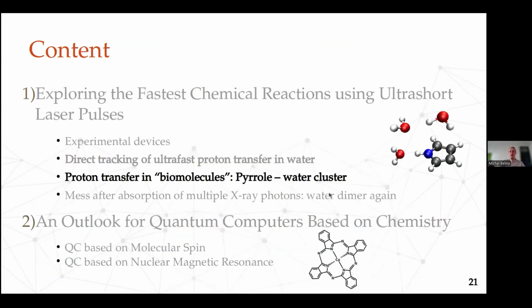With this, I would like to move towards the other study, which is again studying proton transfer, but this time in a cluster of one water and one pyro molecule.